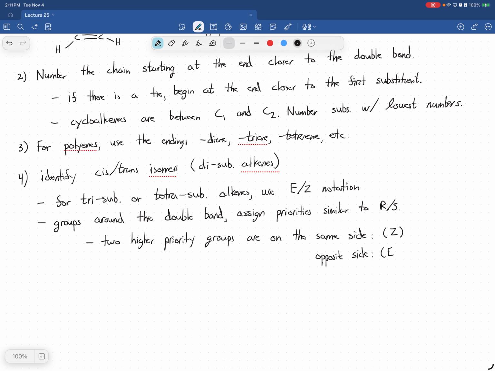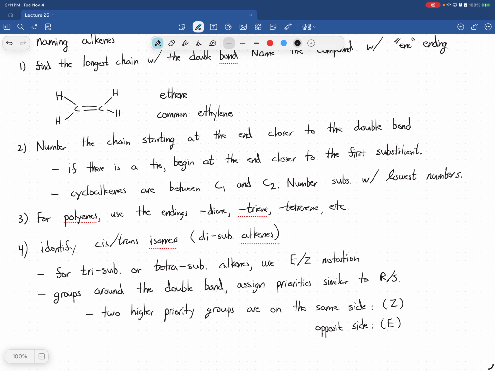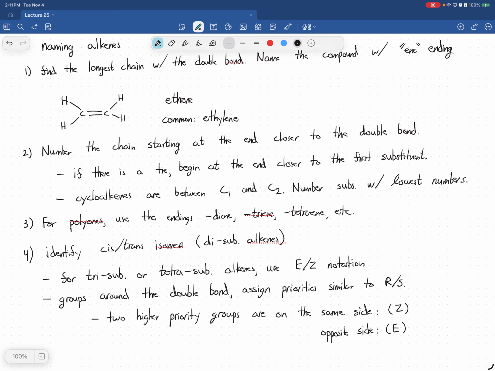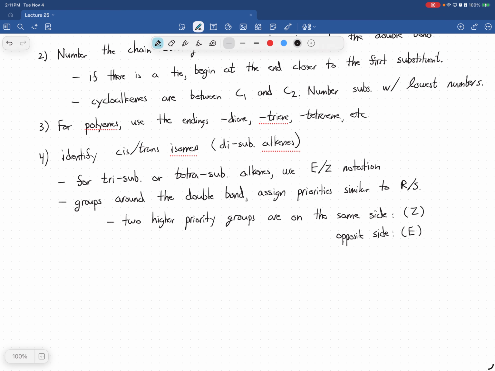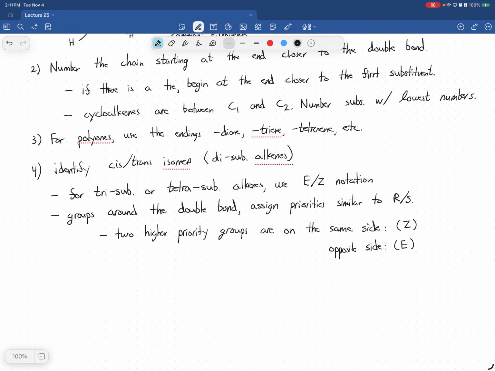E. So an E alkene is when the top two priority substituents are on the opposite side of the alkene. Okay? So some nomenclature here. Yeah, Catherine. What do you mean by on the same side? Oh, we'll get into that. Yeah, I'll get into that.